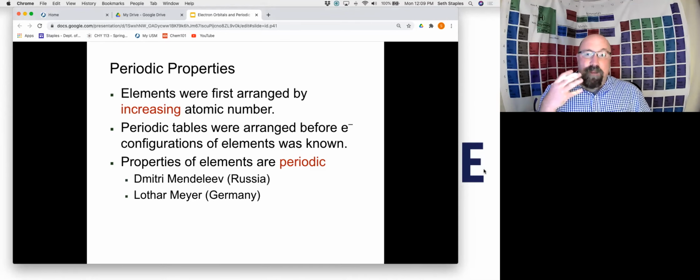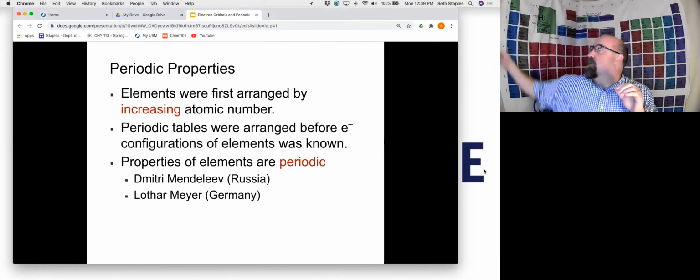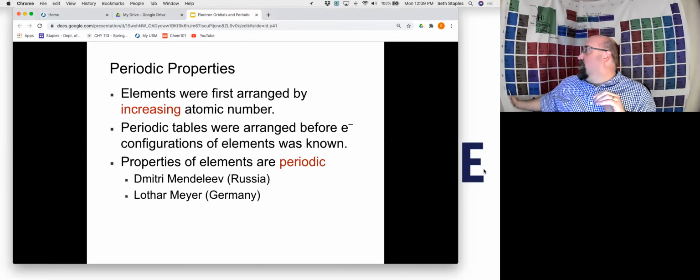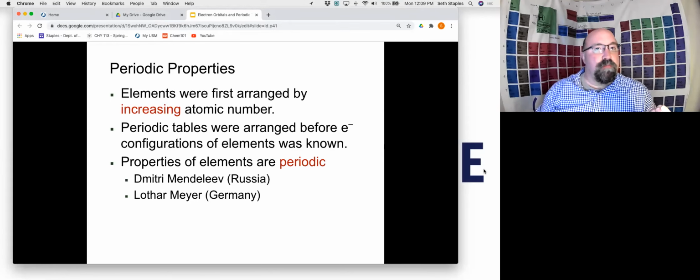The periodic table was actually arranged before electron configurations were even known. And so we say that properties of elements are what we call periodic, meaning that those properties repeat themselves every few elements. We've seen it with the alkali metals, for instance. All our alkali metals here have very, very similar properties, and thus we give them that family name to make it easy to distinguish them.